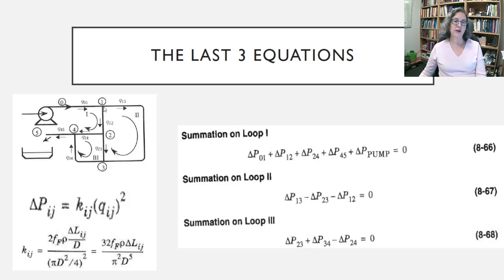So for instance, if I started here at point 1 and went all the way around this loop and added up the pressure drops for each one of these, that pressure drop, by the time I got all the way back to the beginning, would have to add up to be 0. Because, right, the pressure at a point is the same in all directions. So therefore, the pressure drop from 1 to 3, and the pressure drop from 1 to 2, and the pressure drop from 2 to 3 add up to be 0.